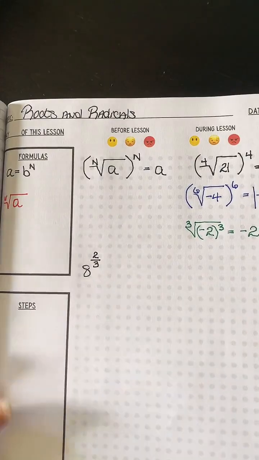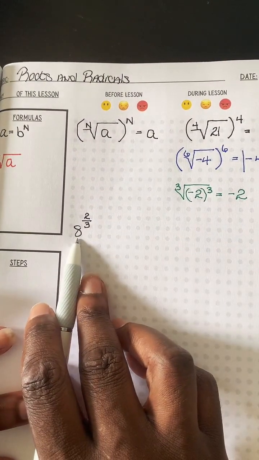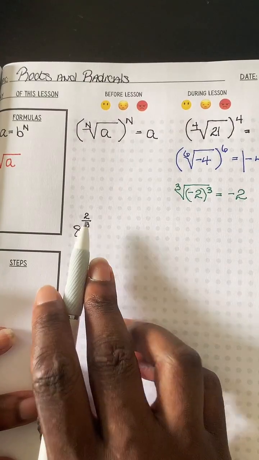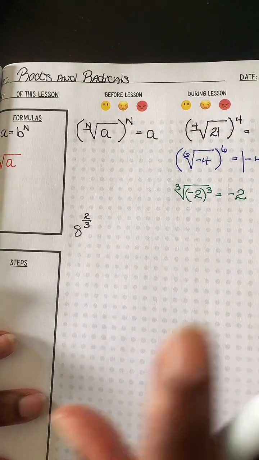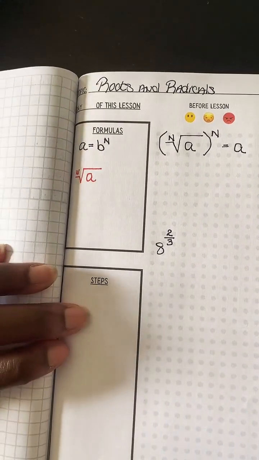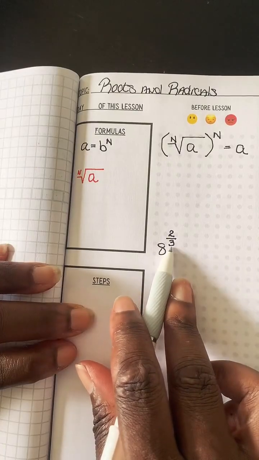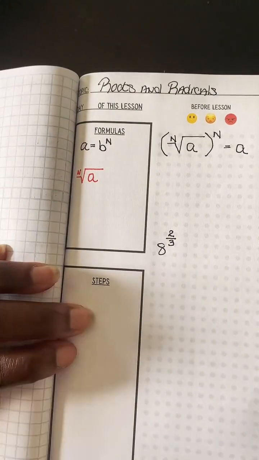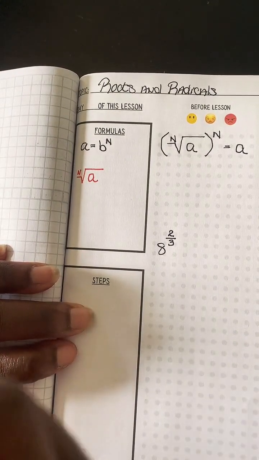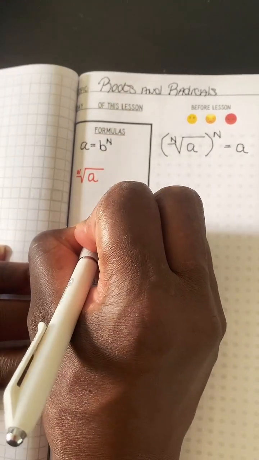Okay, so now we're looking at basically converting 8 to the 2/3 into a radical. Now, this is the whole process that a lot of people need to understand. When you see a fraction as an exponent, you always have to go with this process. It's your degree over your root.